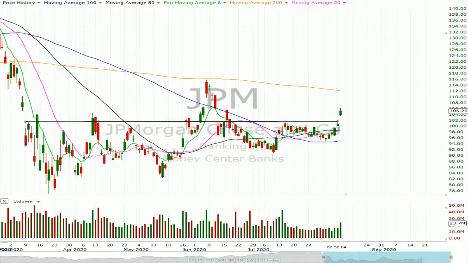After earnings, JP Morgan had been building a bit of a bull flag above the 80 MA, the 50, the 20, etc. Basically what I was looking for was another push through 100, which, as you can see, has been a bigger area of resistance. It had a few runs but never really held. The biggest run was the beginning of June, but then it came right back below. So when it was hanging above this moving average cluster, I was waiting for the stock to really wake up and start to run.